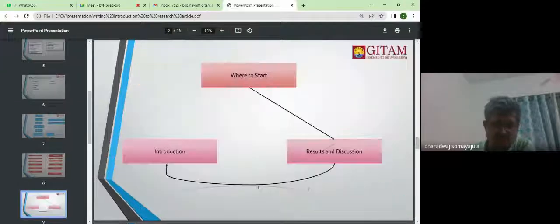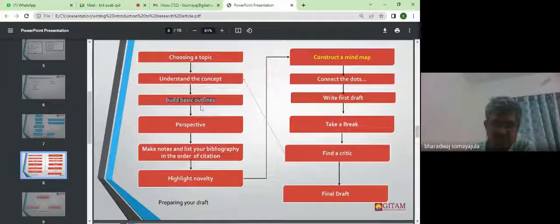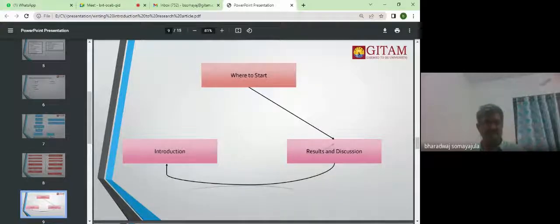If you start with results and discussion, you will build your own outlines, your own bibliography, your perspective, and then you start generating your novelty. This is the key thing while writing a research paper.